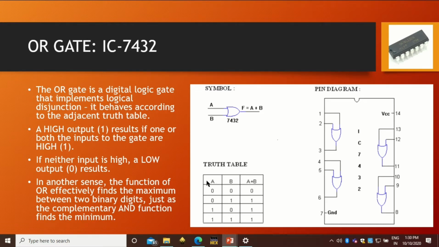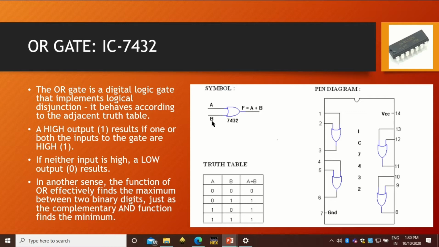If there are two inputs, the possible combinations are 4. In any of these, if the value 1, that is positive voltage, is present, then it will yield a positive output. Only for the combination 0 0 it will not produce the output, but for all other combinations it will produce 1.